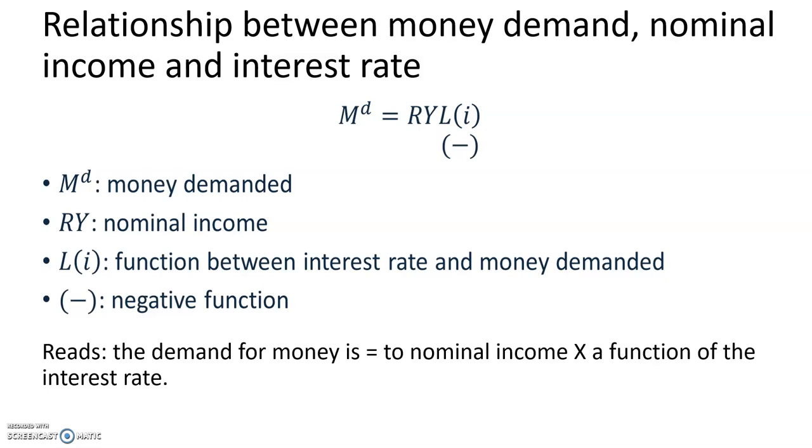We read this equation as the demand for money is equal to nominal income times a function of the interest rate. The minus sign captures the fact that the interest rate has a negative effect on money demand. An increase in the interest rate decreases the demand for money as people put more of their wealth into bonds.